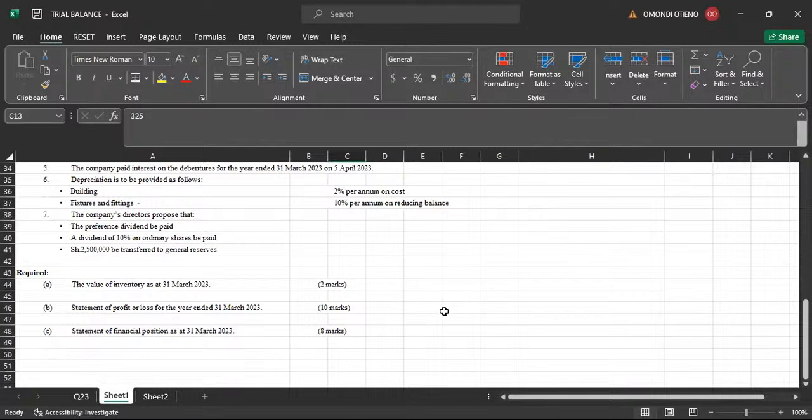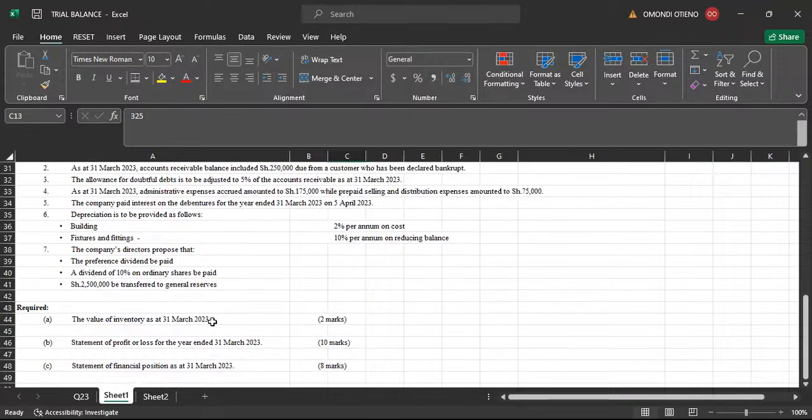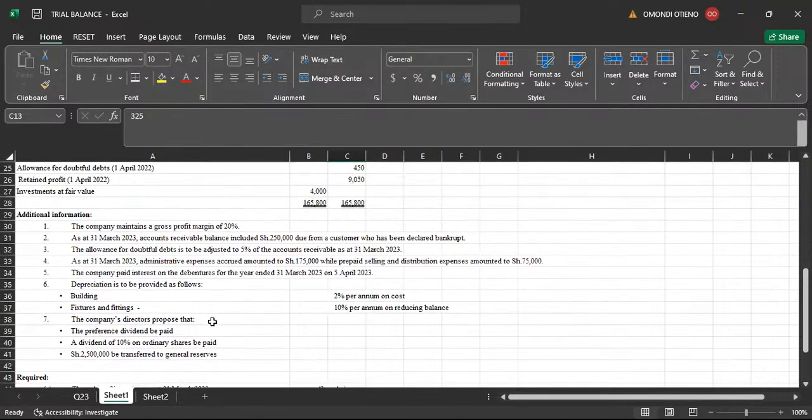So having done that, we can now go and deal with the workings down here, because once we are through with the workings, we'll be able to solve this question perfectly. So additional information number 2, as at 31st of March 2023, accounts receivable balance included 250,000 due from a customer who has been declared bankrupt.